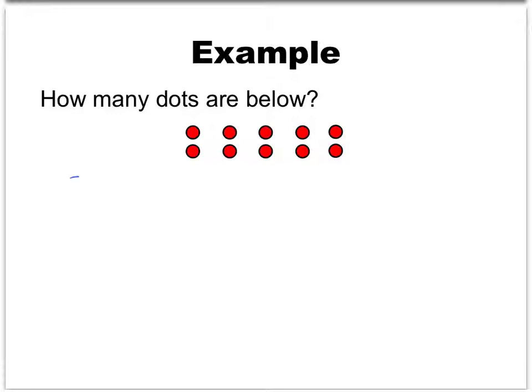So we could take 2 plus 2 plus 2 plus 2 plus 2, and when we add all those together we get 10. So that's one way to do it: just add 2 to itself 5 times.